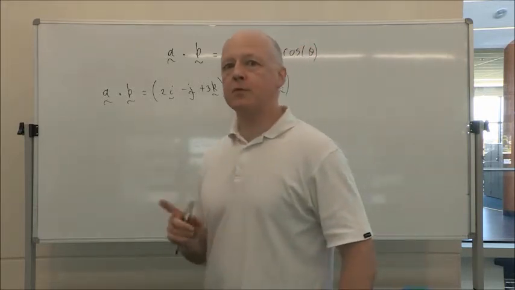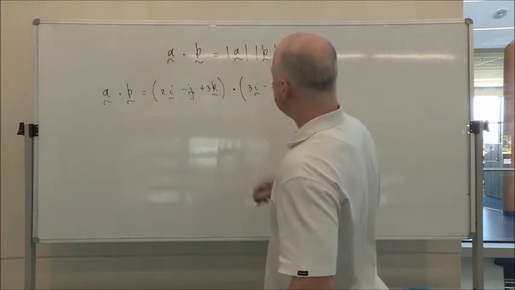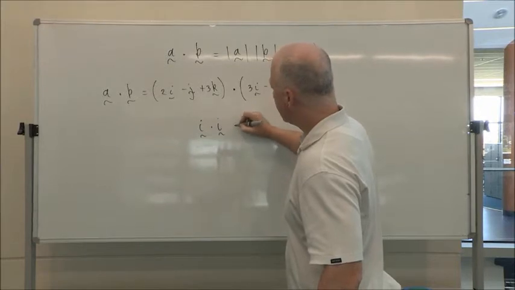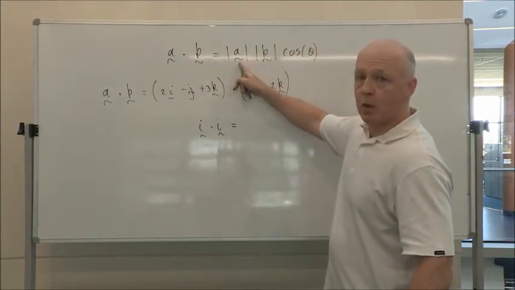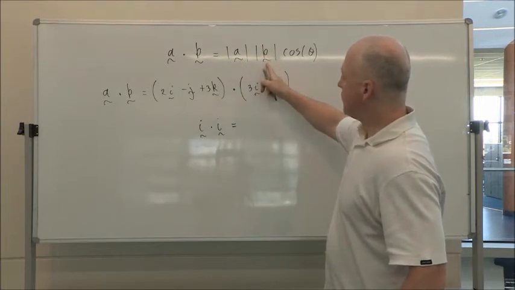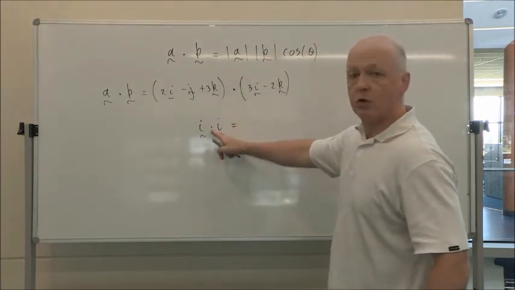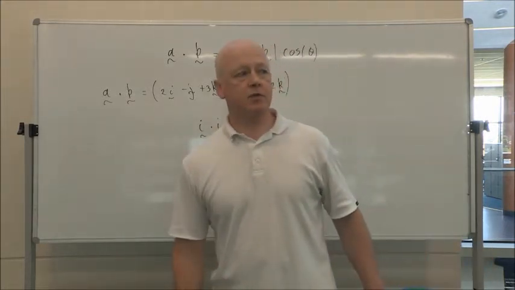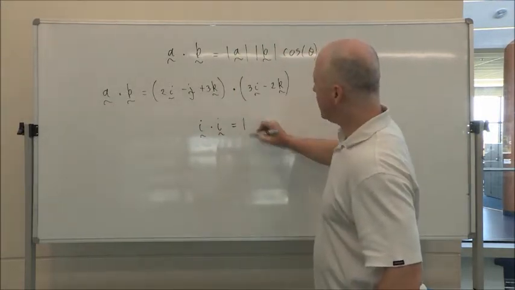But a useful thing to remember is, from the definition, i dotted with i is the magnitude of i, which is 1, times the magnitude of i, which is 1, times the cosine of the angle between them. That angle is 0, and the cosine of 0 is 1 as well. So in fact, i dot i is equal to 1.